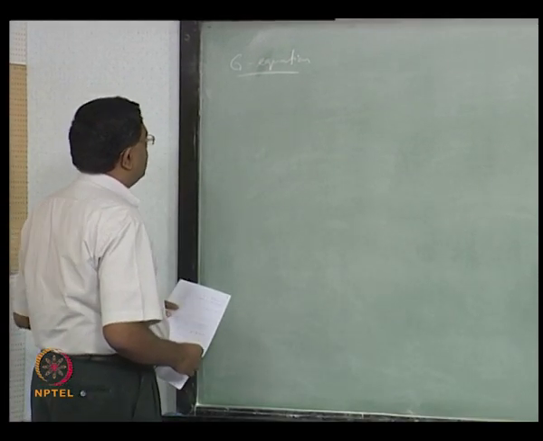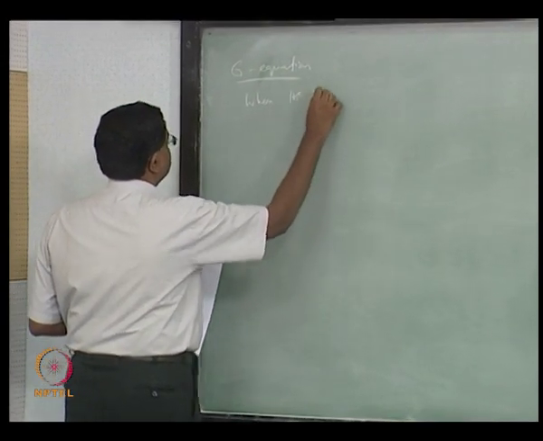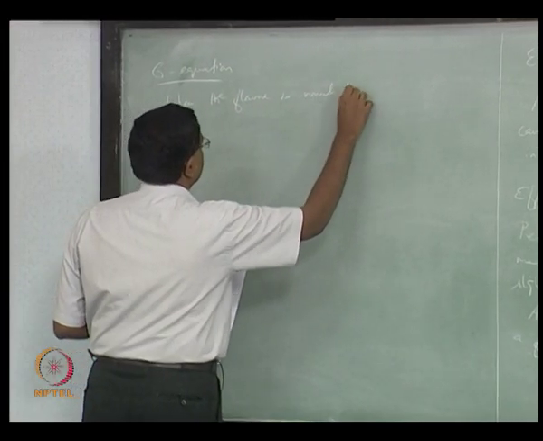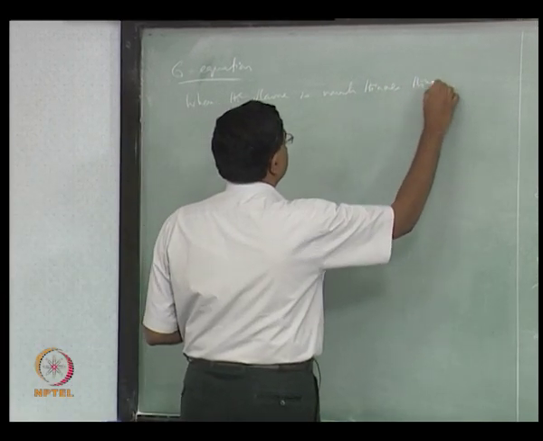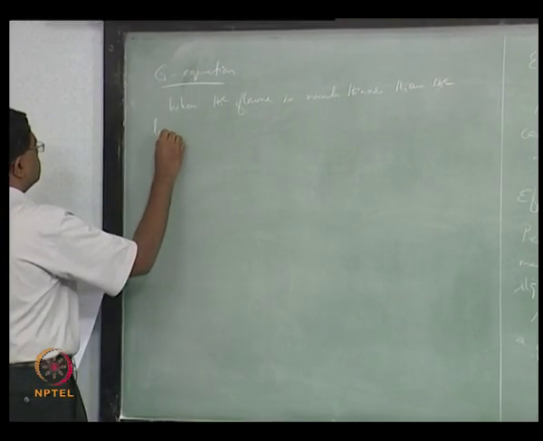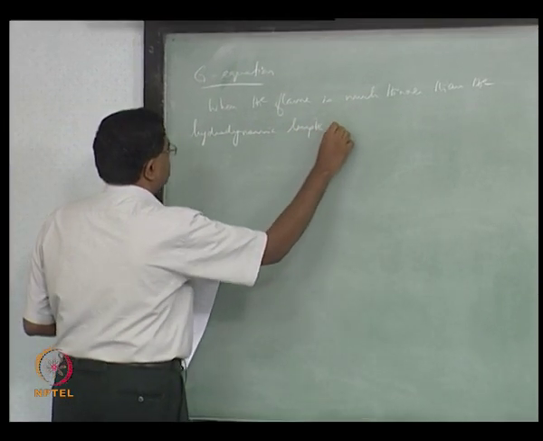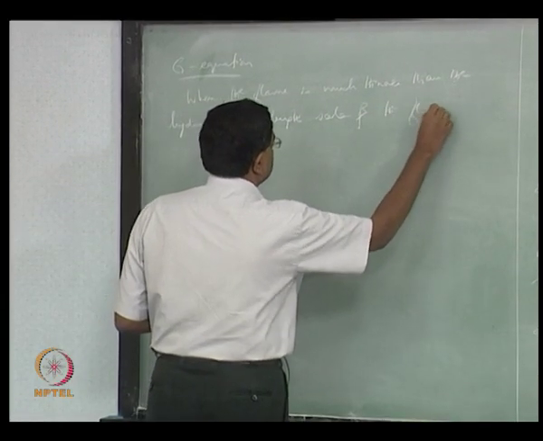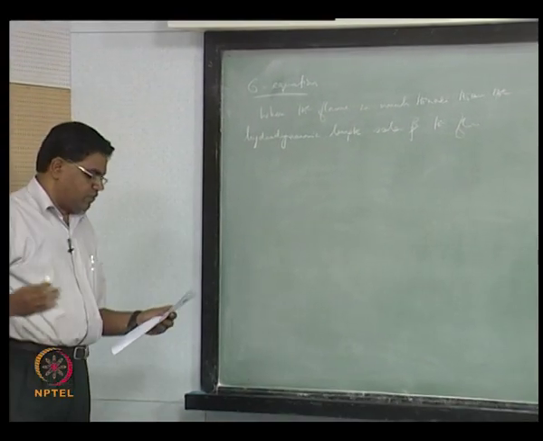What happens when you're thinking about a G equation is when the flame is much thinner than the hydrodynamic length scale of the flow, we can treat this flame like a surface that is propagating in the flow.